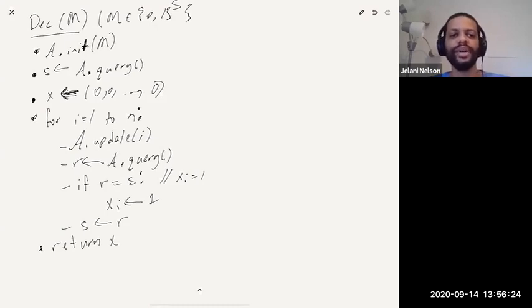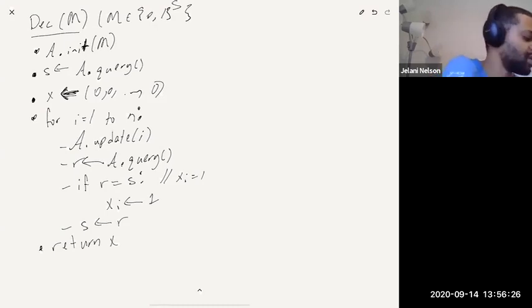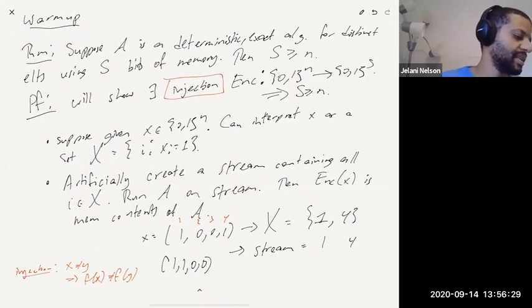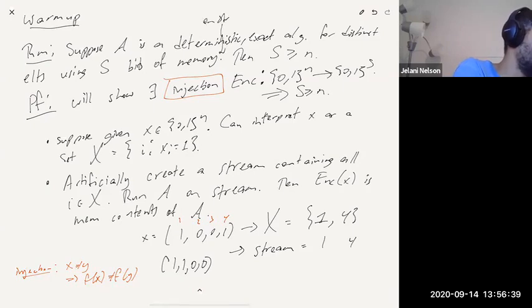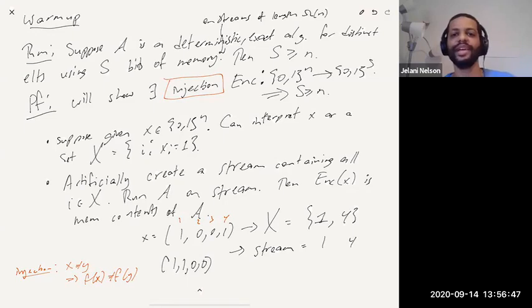So I should qualify: suppose A is the deterministic exact algorithm for distinct elements using S bits of memory, on streams of length Omega(n). Because in our lower bound, indeed, as you point out, Edward, you need the length of the stream to be linear if you want a linear lower bound. Okay. Any other questions?